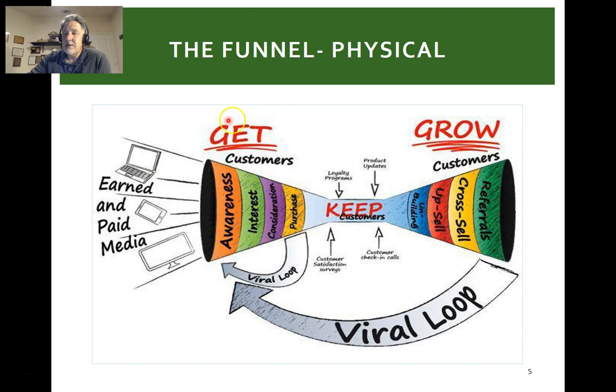Now, another thought to think about when we talk about the funnel is the efficiency of the funnel. One of the metrics that we measure is the funnel efficiency, which is the number of potential customers in your SOM, or your universe, that you want to engage. That's the lower part.